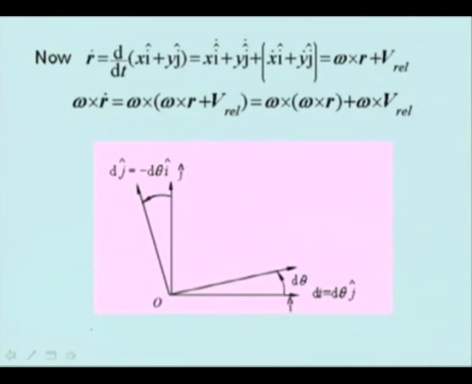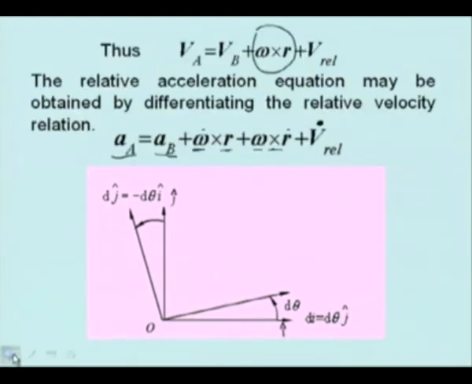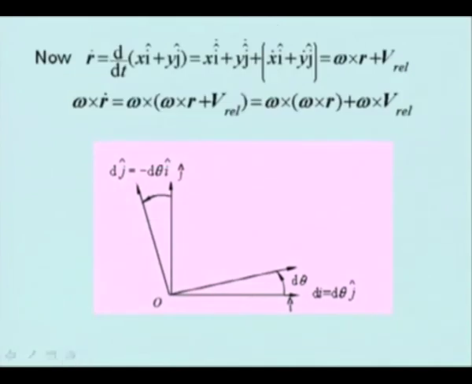Now, in this previous expression we got a term r dot. Let us see what r dot is. r dot is d by dt of (xi plus yj), which can be written as x i dot plus y j dot plus x dot i plus y dot j, which can be written as omega cross r plus V_rel.